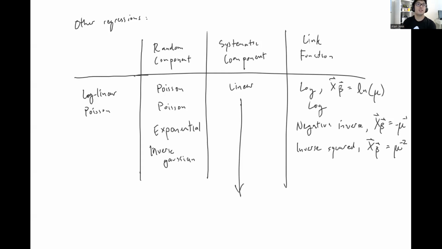Okay, I see a question. So the random component is Y in the logistic regression.